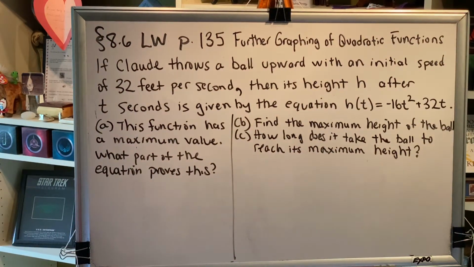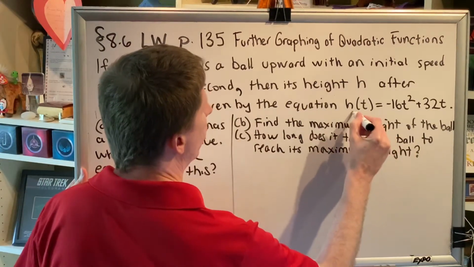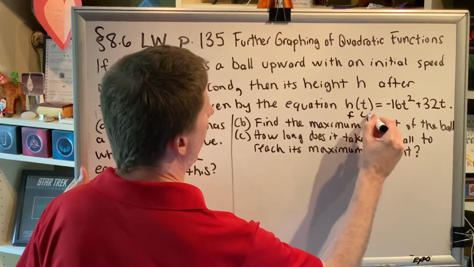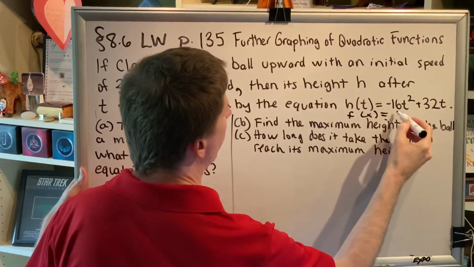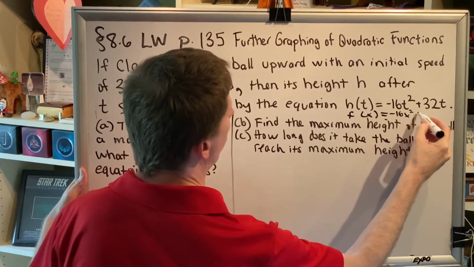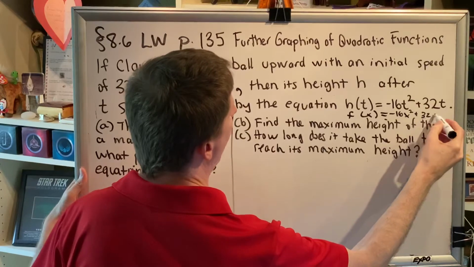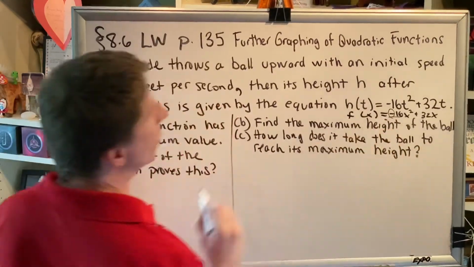This function has a maximum value. What part of the equation proves this? Well, this equation is in the standard form. Instead of the variables h and t, we could use the variables x and y. We would see that this is f of x equals negative 16x squared plus 32x, which means a is negative 16.